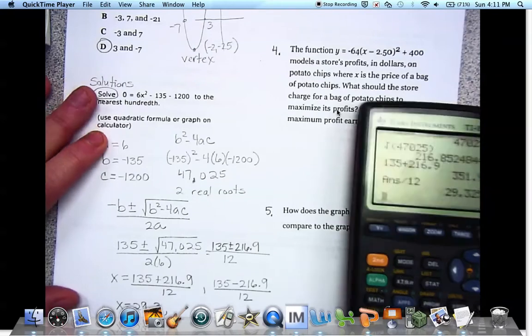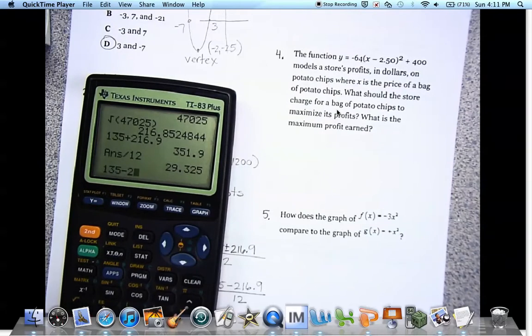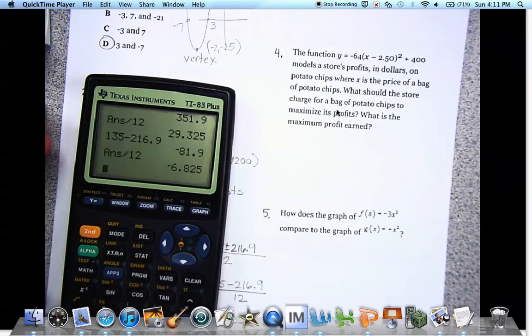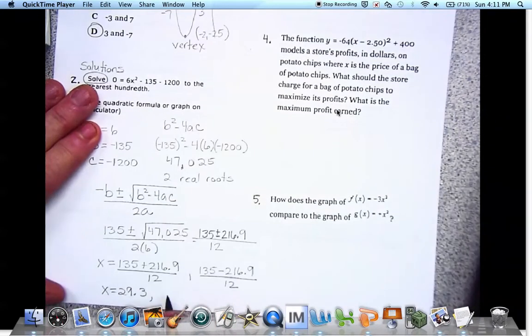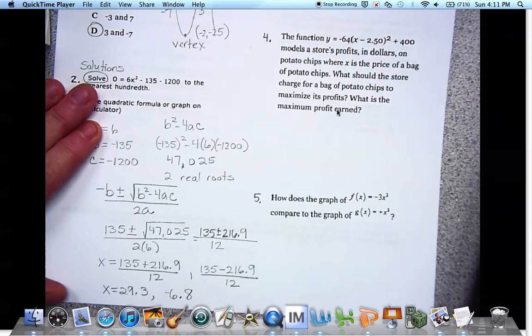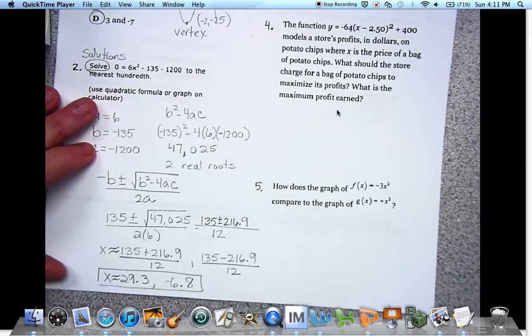And 135 minus 216.9 divided by 12 is negative 6.825. We can just leave it at negative 6.8. This is approximate now because we used decimals, so we use the wavy equals. Don't let the big numbers scare you, just plug them in.